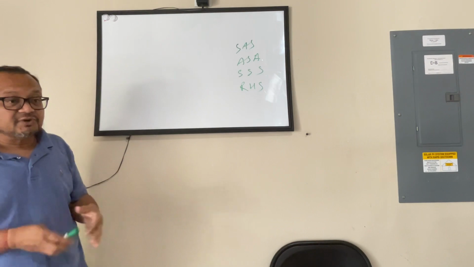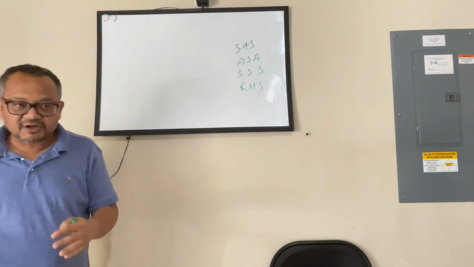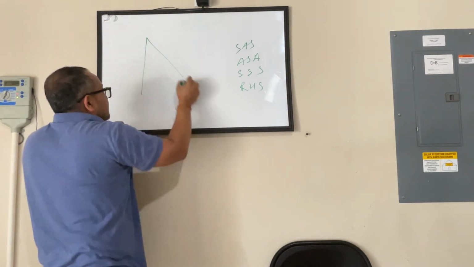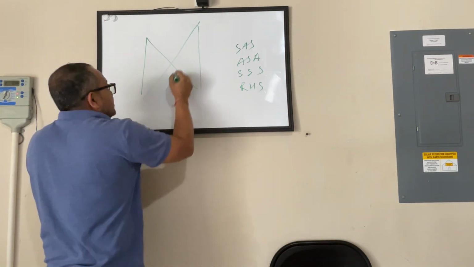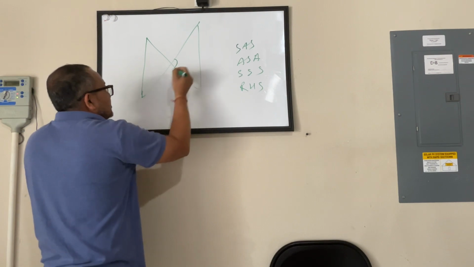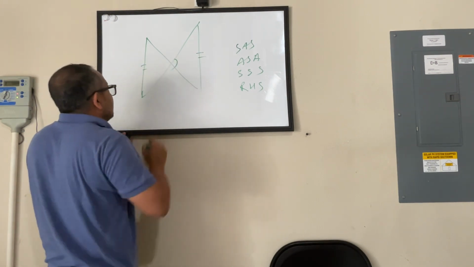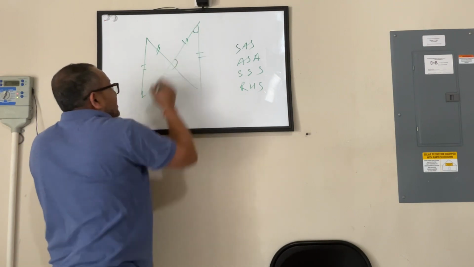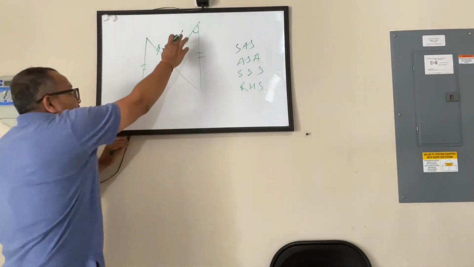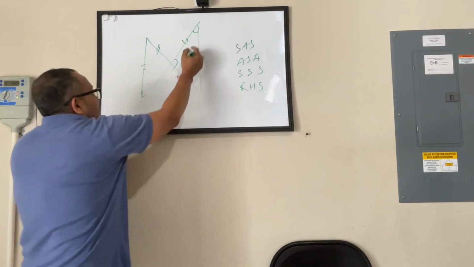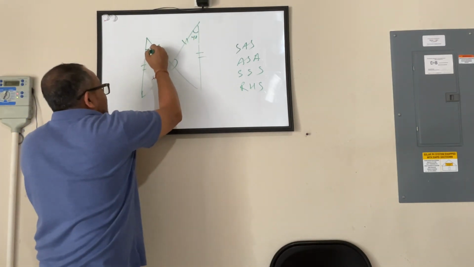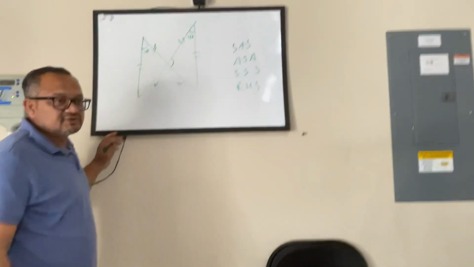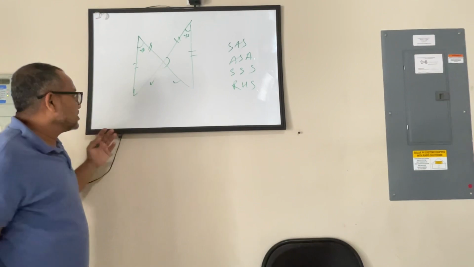How this will help you is when you are dealing with any math word problem, let's say somebody says, these are two triangles. This side and this side are same. This side and this side are same. This angle is, let's say, 40 degrees and this is also 40 degrees. Find out the length of this side.